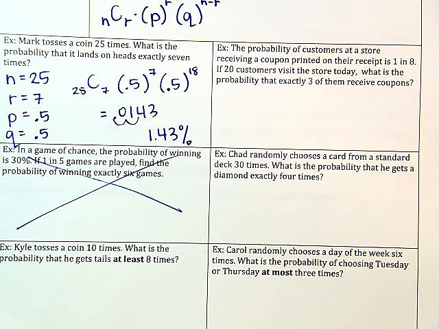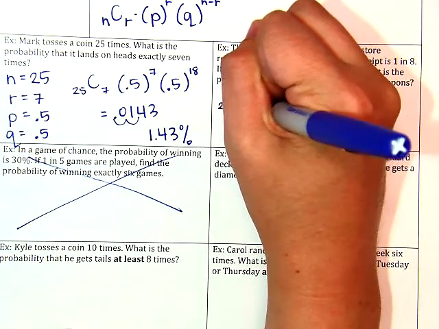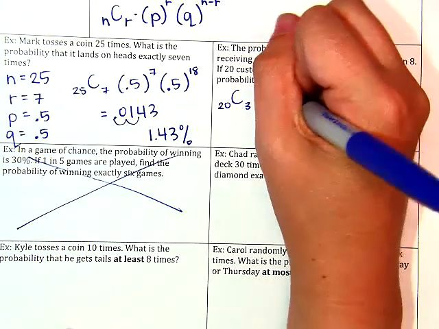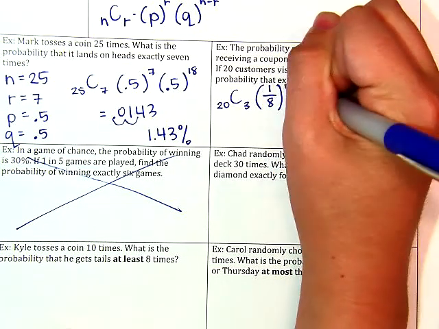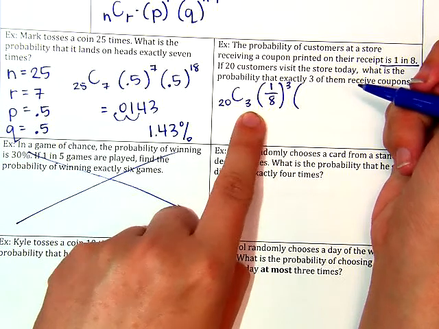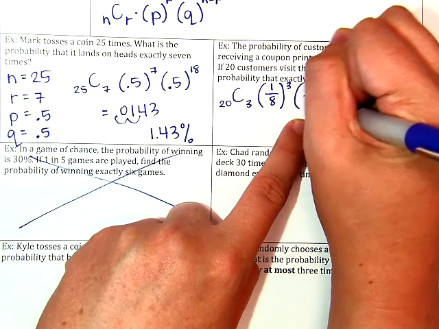Probability of a customer at a store receiving a coupon on their receipt is 1 in 8. If 20 customers visit the store today, what's the probability exactly 3 of them will receive the coupons? So 20 visit, and we want 3 couponers. Probability of getting a coupon, they said right up here, is 1 in 8. And I want 3 successes, because that's that number right there. My probability of failing is the rest of it, 7/8.